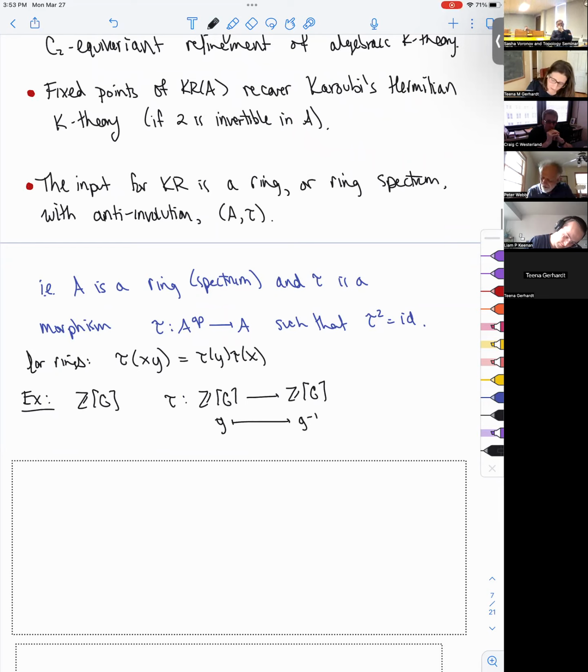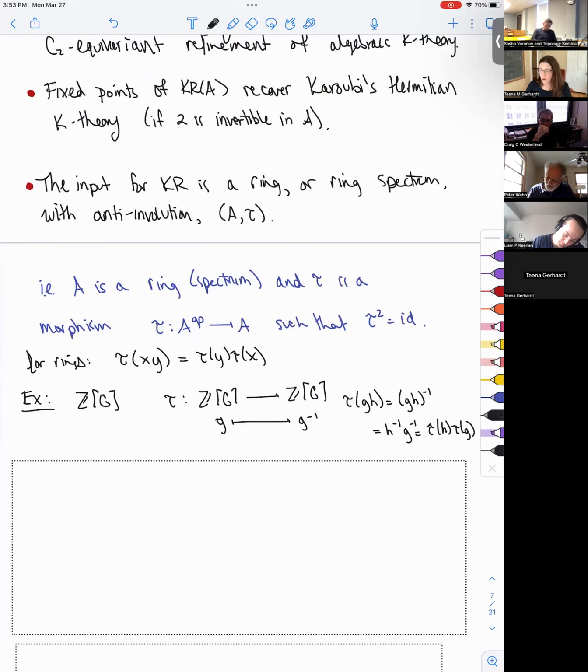Then what is tau of gh? That's gh inverse, which is h inverse, g inverse, which is tau of h, tau of g. So the input of this theory of real algebraic K-theory is one of these rings or ring spectra with an anti-involution.